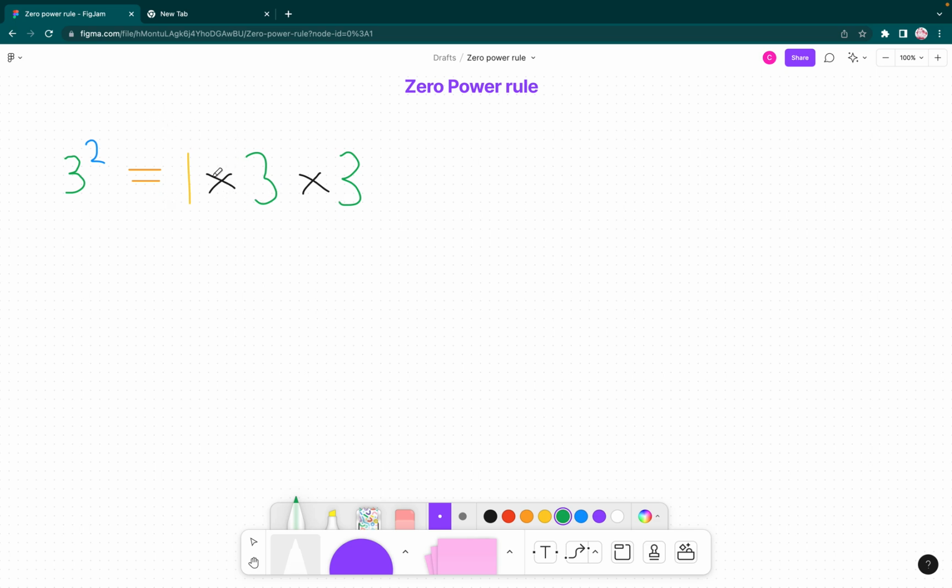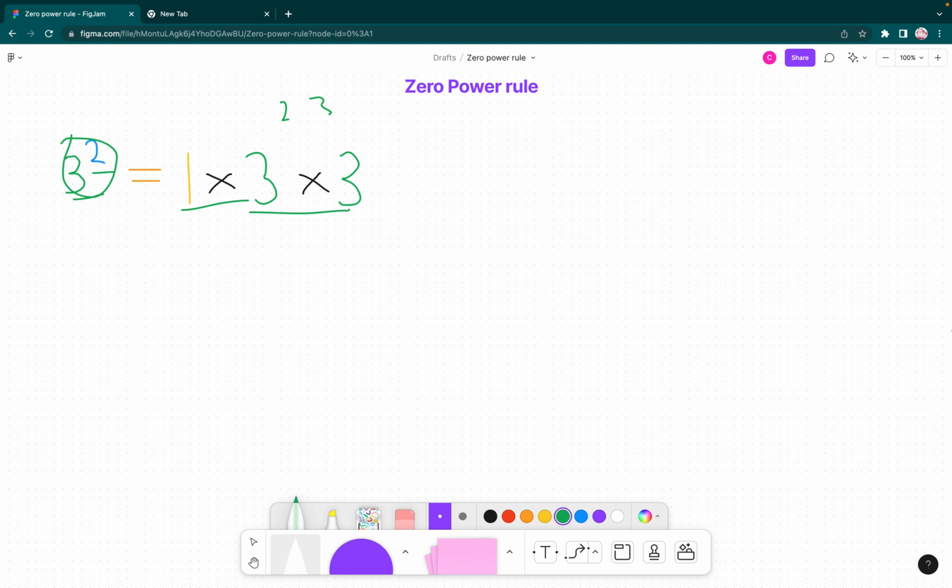The reason we have a 1 and then two threes is because we've got 1 times the base number, as many times as the exponent says. Right now this is 3 to the power of 2, so we've got 1 times 3 times 3 because there are two threes. Okay?